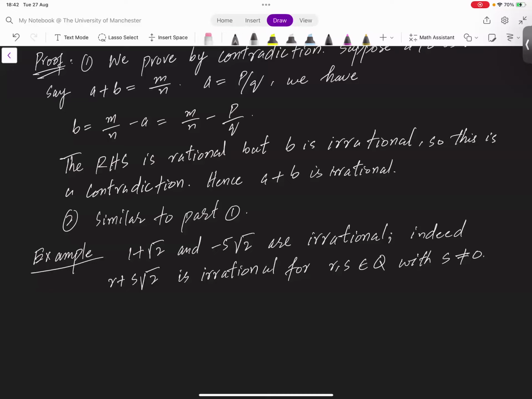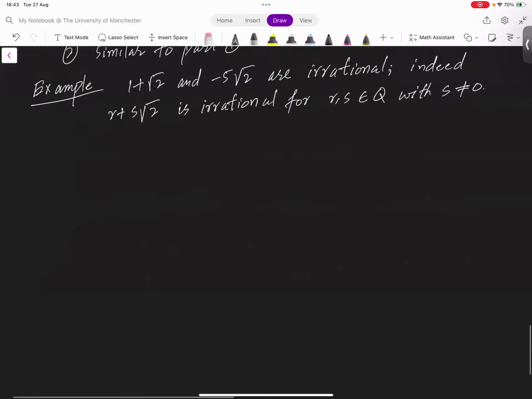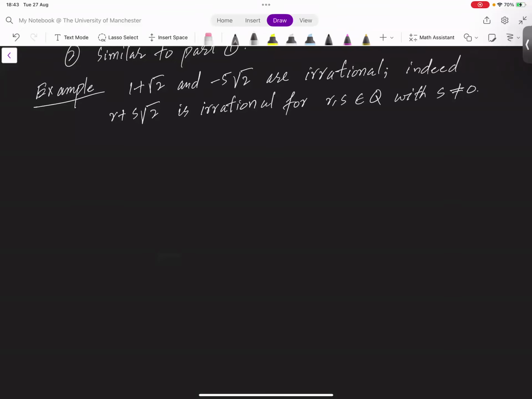The next result shows that, like the rationals, the irrationals are densely packed on the real line. So let's talk about that result. That is proposition 2.5.